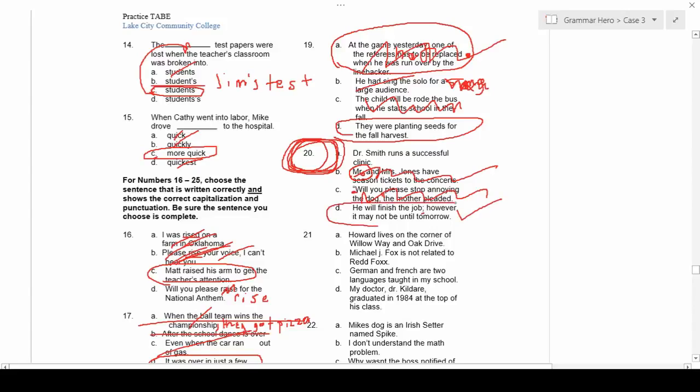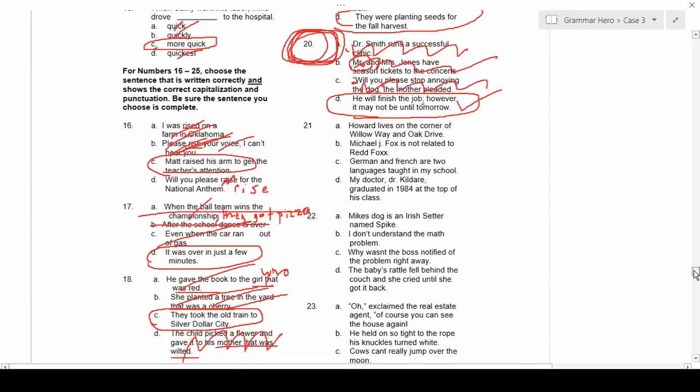This is a good sentence. I looked at the answer key, and it said that this one is incorrect, but in my opinion, it is correct. Dr. Smith runs a successful clinic. There's nothing wrong with that, but sometimes the people who make these tests make slight mistakes. This is actually a revised version of this test, so they've already fixed it once. I may send them an email in regard to this question, so we'll just let that one be for now.